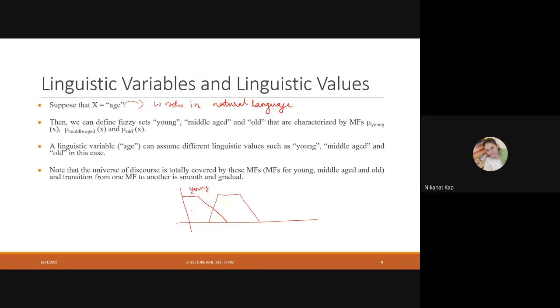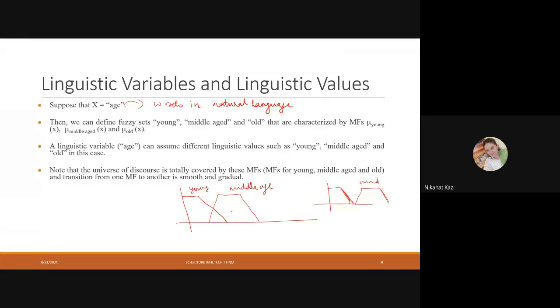This is one MF, and this middle age is some other membership function. The transition from this MF to this MF will be smooth and gradual. So it will not be like this, that young ends here somewhere and then middle age is here, totally disconnected.